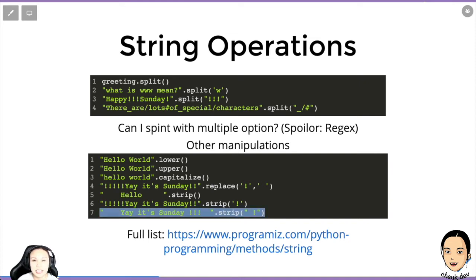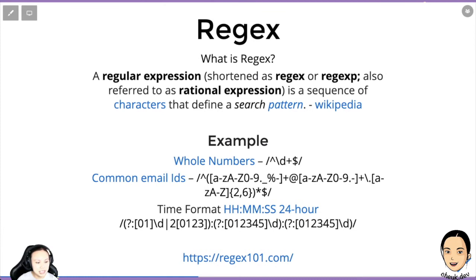Okay, so let's go to regex, because like we said before, there's something that can't be done with just using strip. It is more helpful if we use regex. So what is regex? It's a term that you may have seen a lot, but what actually is it? According to Wikipedia, regex is short for regular expression.